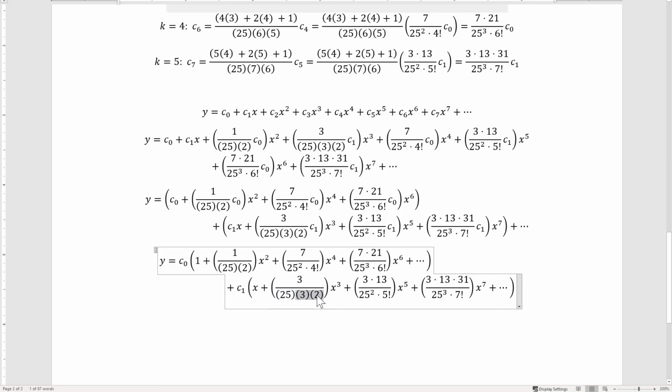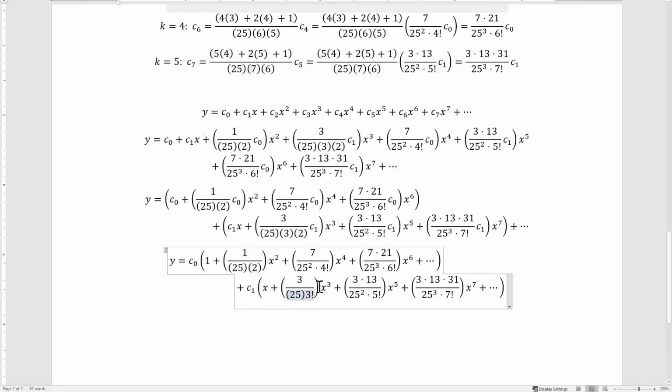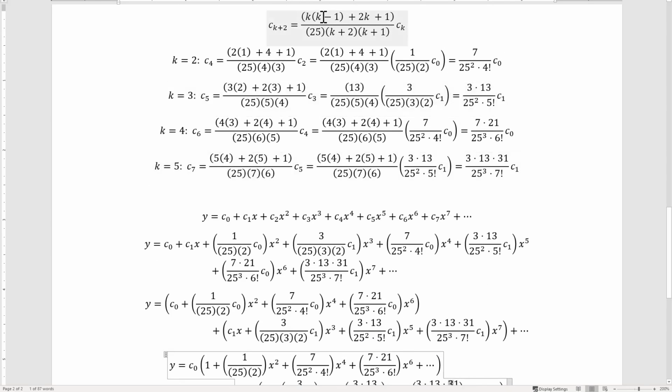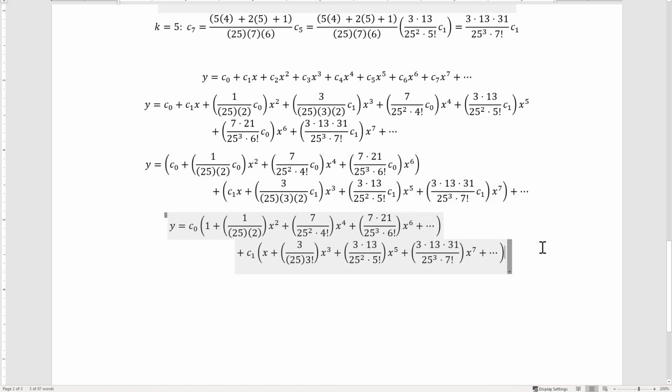By the way, we can rewrite this as 3 factorial if we want, because that's what it is. And then the numerator, again, that's a trickier one. We got 3, 13, and 31, and again, it should follow with this relationship: the k times k minus 1 plus 2k plus 1.